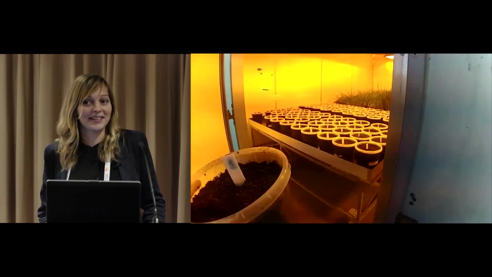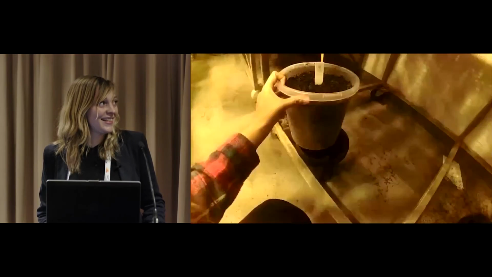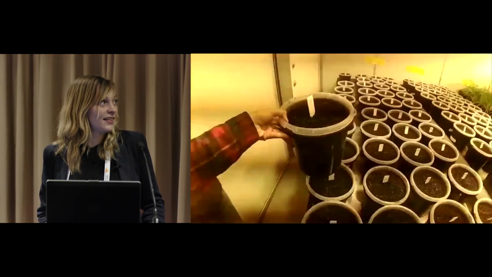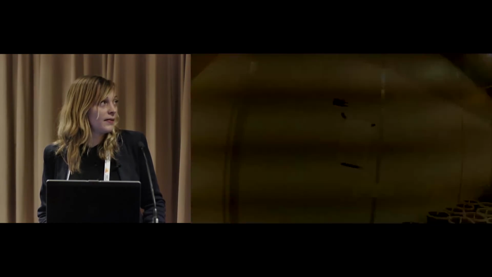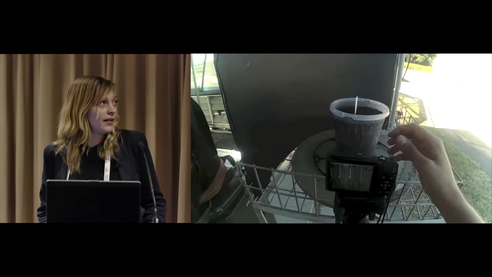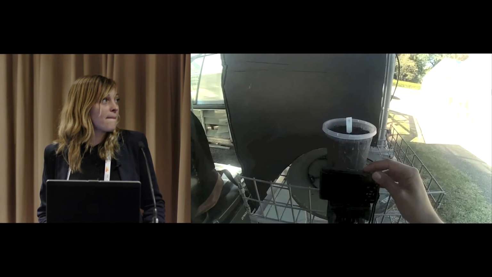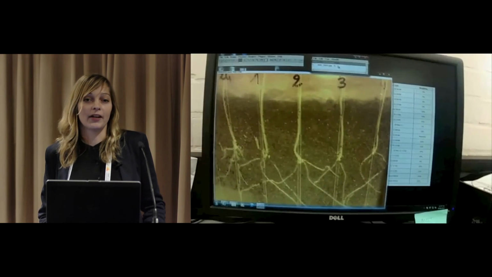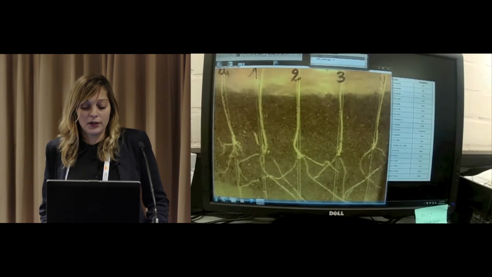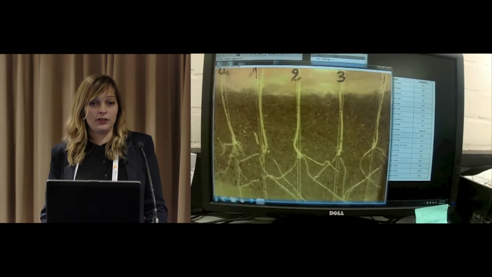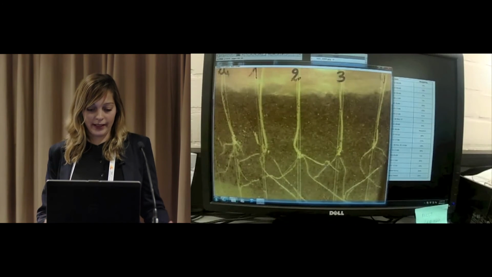That's the speed breeding system. Taking the pictures and measuring the angle. Altogether, you can have access to the root traits within 2 weeks.